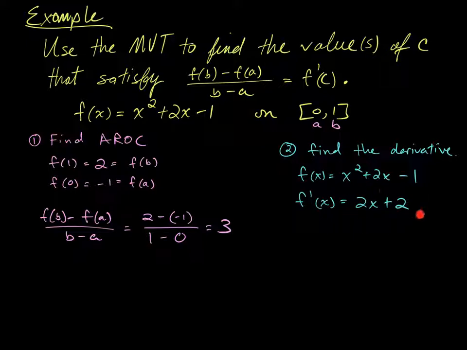We found the derivative, 2x plus 2. And since we are trying to find a c value, the final step here is to set f prime of c equal to the average rate of change and solve for c.